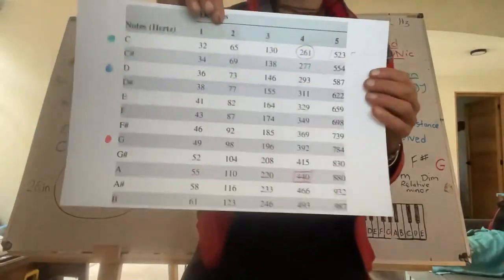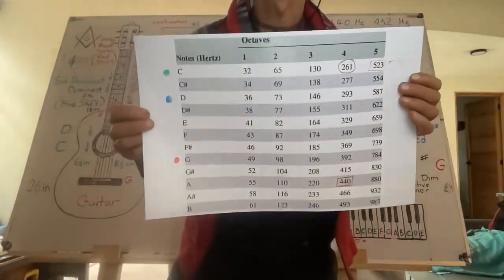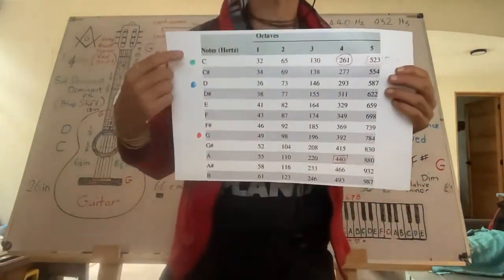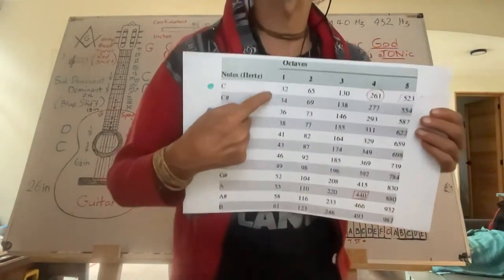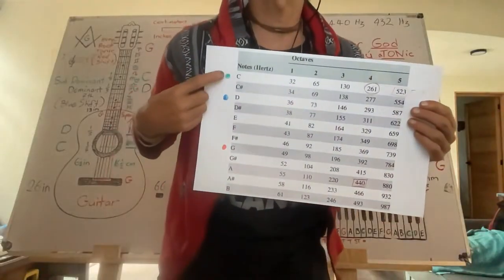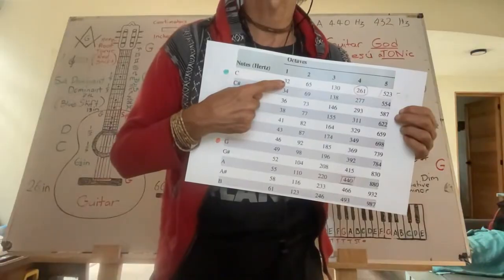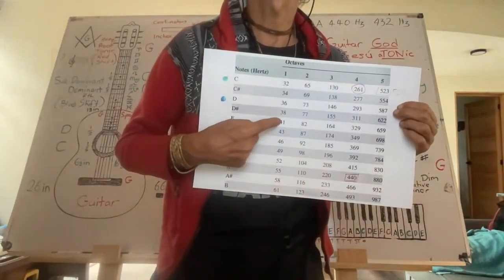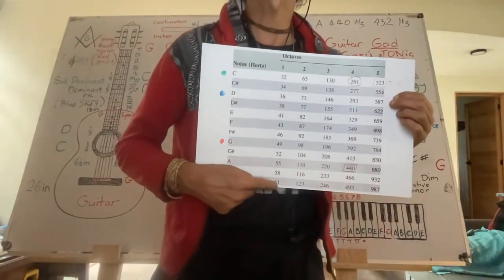So what I'm showing here is the complete 5 octaves. This is probably the lowest note a human can hear, because we can't hear below 20 hertz. So it's quite appropriate that they've started right here at 32 hertz, okay? So that's C sharp, D, all the way up to here. That's the first octave.